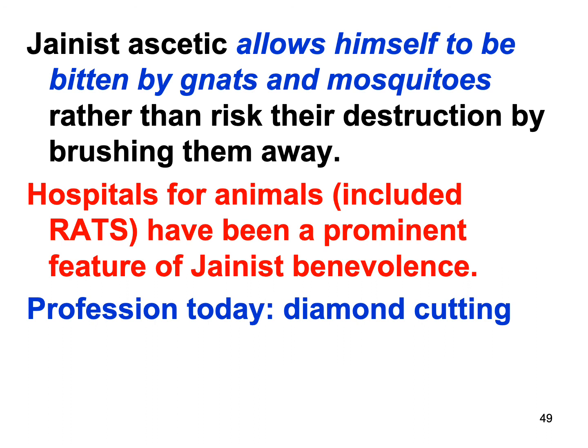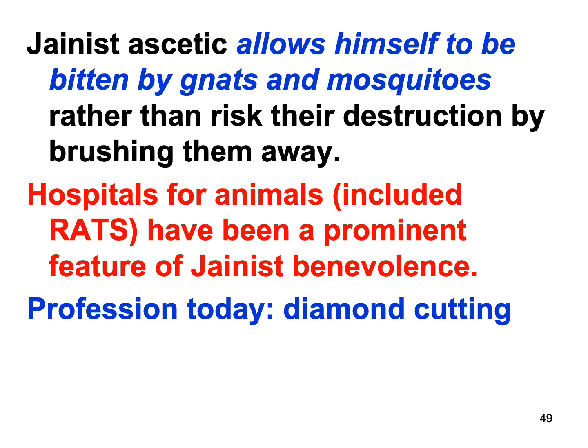But at the same time, they founded the first animal hospitals, including for rats, and this is a prominent feature of Jain benevolence. Even today, at least 300,000 Jains are living in the world. And interestingly enough, what is their profession today?